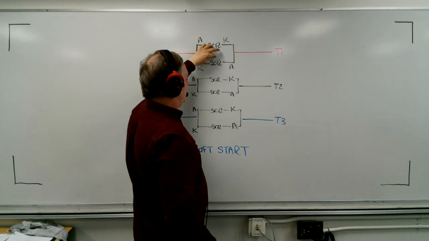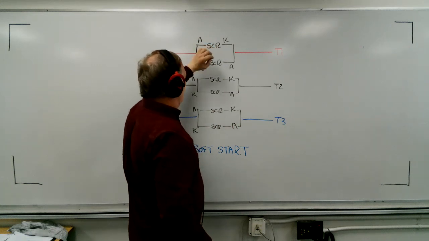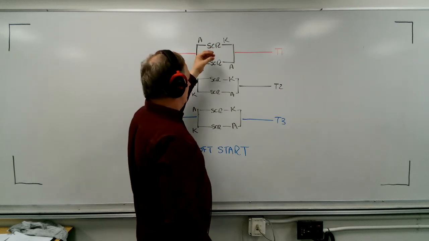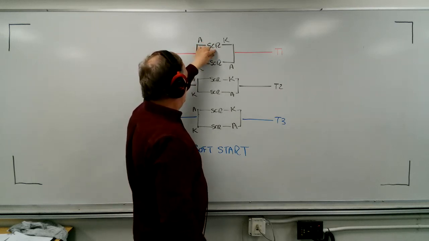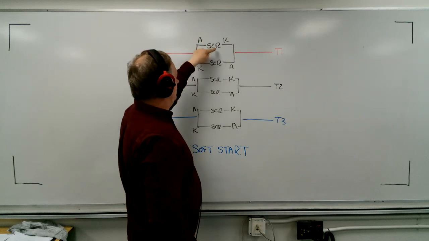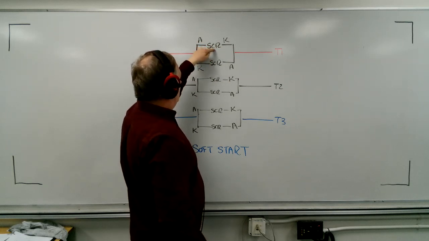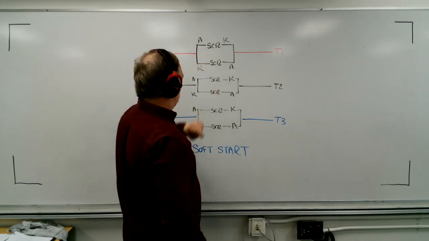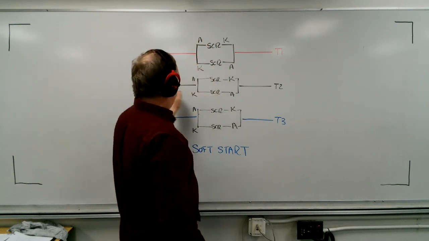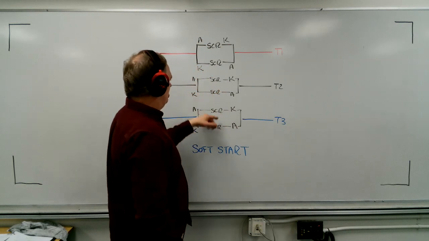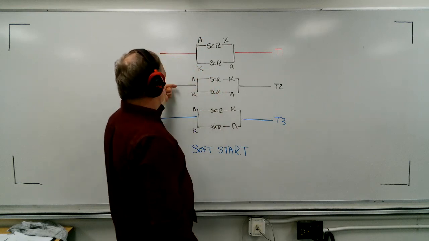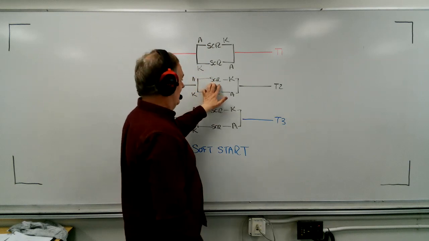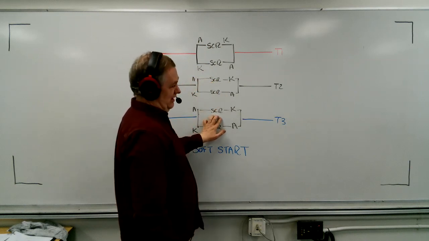Each one of those SCRs will have a gate on it, and there'll be some trigger circuitry in there that will make sure that whatever firing angle occurs in SCR1 will proportionally in time happen the same in SCR2. And this one will do the same thing, and this one will do the same thing, but you have to realize this voltage is going to rise against these SCRs 120 degrees later, and this one 120 degrees later.